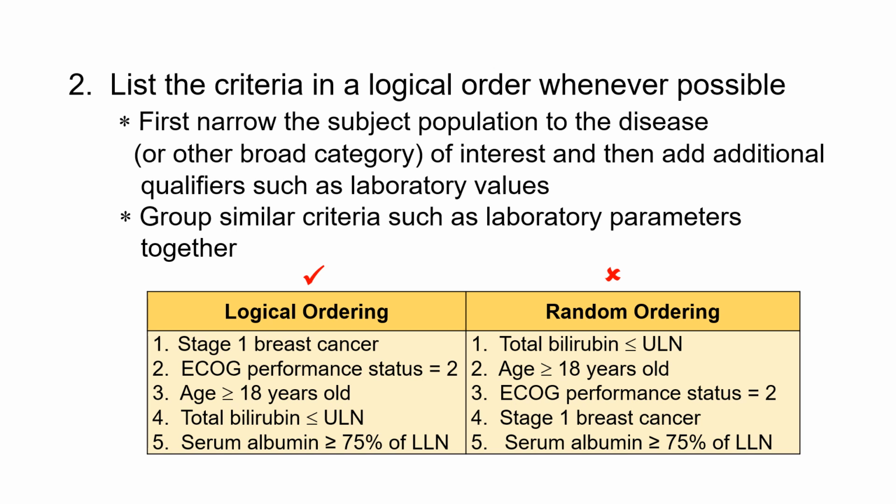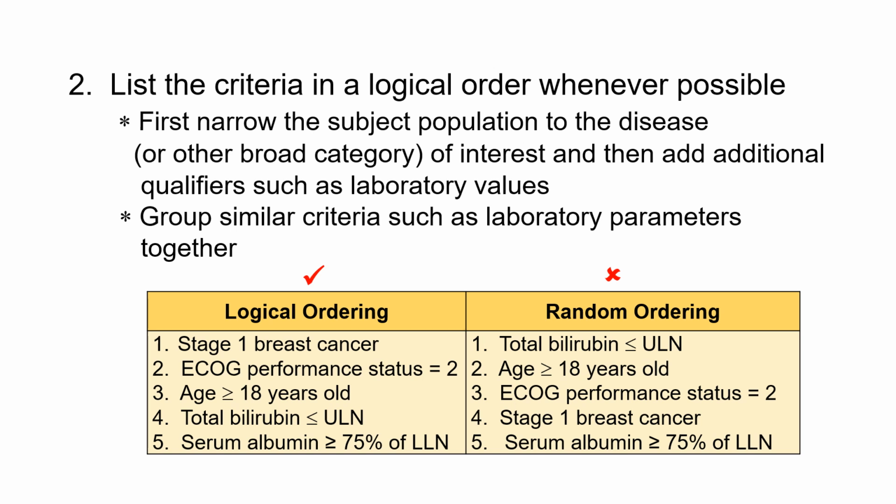So the disease status was the first criterion, which is stage 1 breast cancer, having an ECOG performance status that is equal to 2. ECOG stands for Eastern Cooperative Oncology Group. It's a research organization that conducts clinical trials and studies related to cancer.